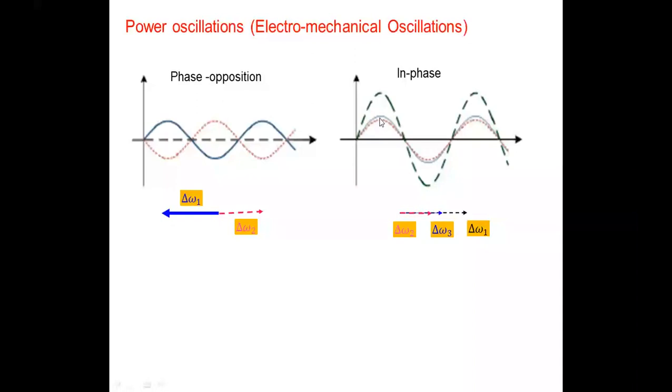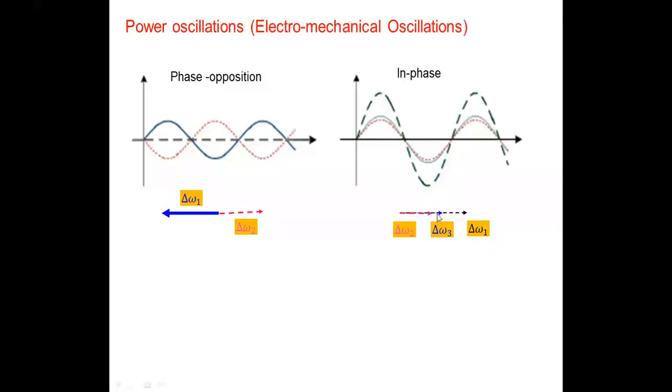In the phasor representation, the generator with a higher amplitude has the longer phasor length, and the other generators have comparatively lesser phasor length.